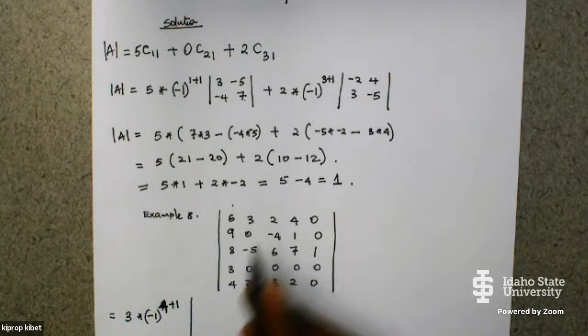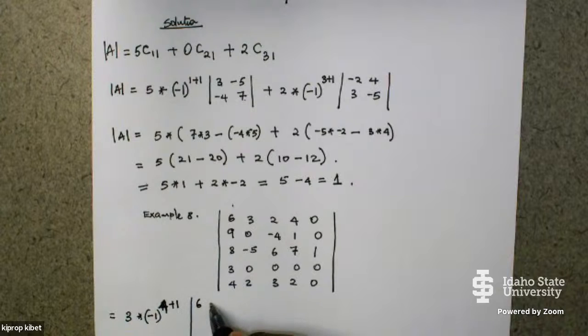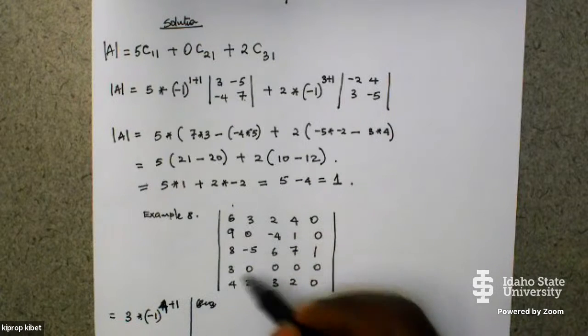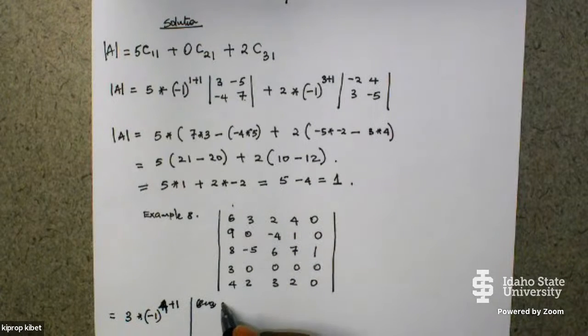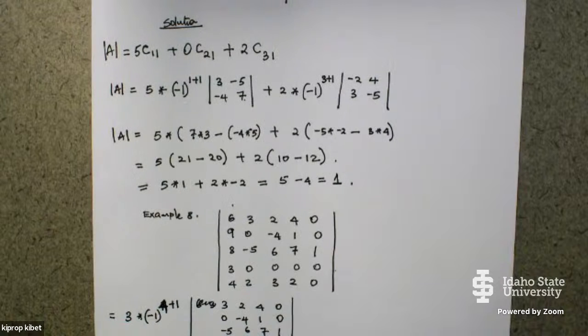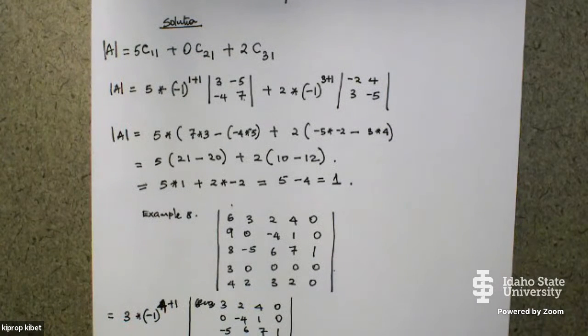The determinant of, we are deleting this row and this column, so it will be 3, 2, 4, 0; 0, -4, 1, 0; -5, 6, 7, 1; and 2, 3, 2, 0.